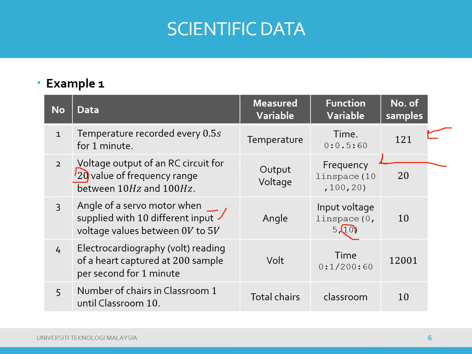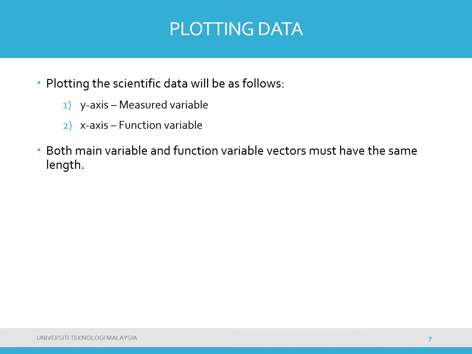If you want Hertz captured at 200 samples per second, that means this is a frequency, so you use 1 divided by 200, which is the step size, until 1 minute, which is 60 seconds. And the sample is much larger, something like this. This one is also a sample of data. This one I think you know.